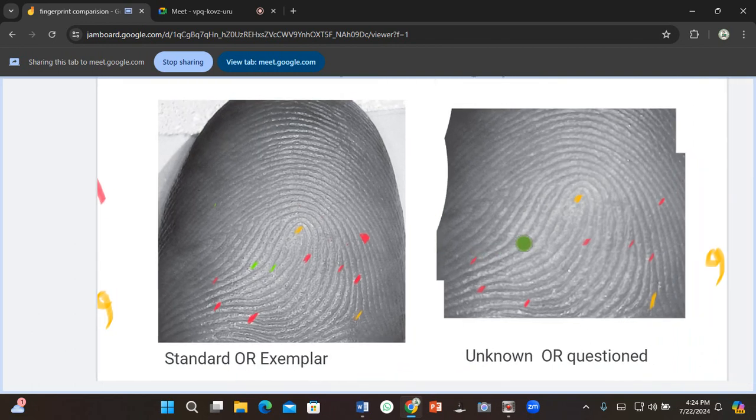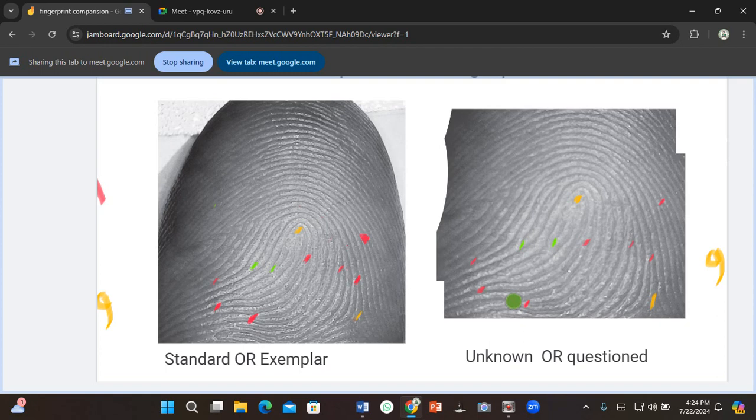We can get the same thing. Yes, this is a ridge ending here. And this is another one here. So by the time you look at this one, these are perfectly from the same person. This is from the same person, the same finger.